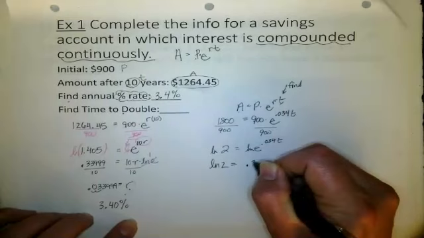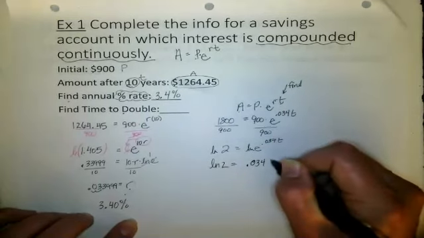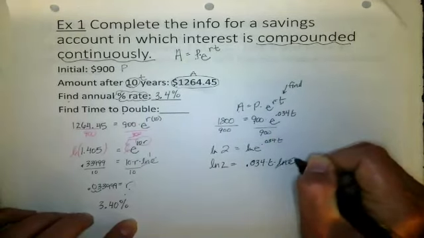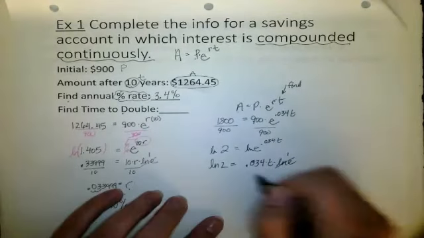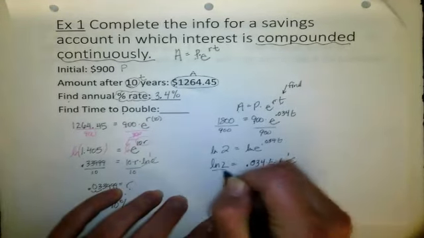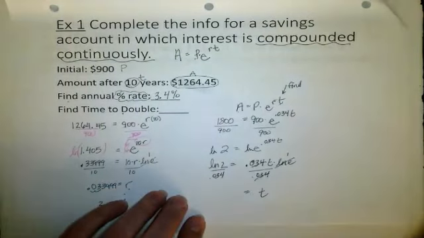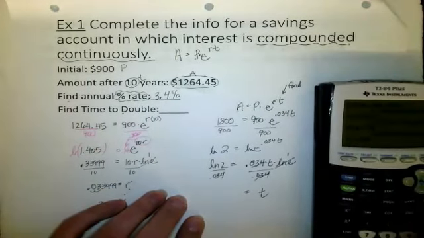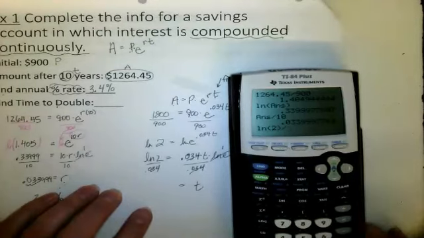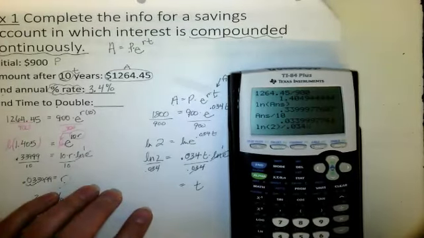So we get 0.034 times T times the natural log of e, which is 1. And then I can divide. So I get the time to double, natural log of 2 divided by 0.034.